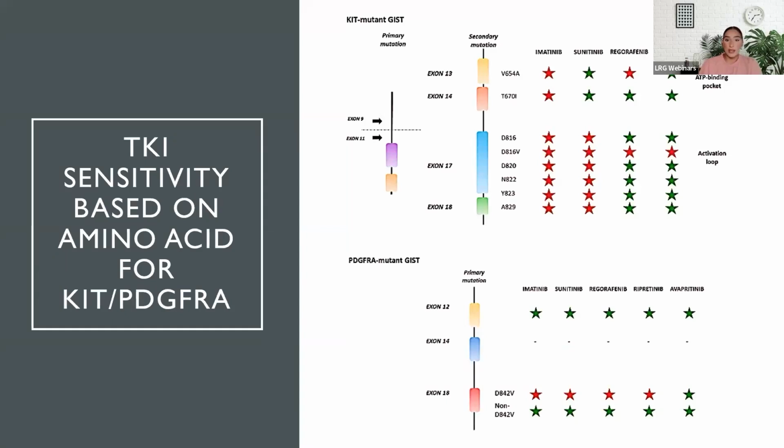Here is a great image that shows TKI sensitivity based on amino acid in both KIT and PDGFRA mutations. So here we can see those that are starred red show that they are not sensitive, so they're resistant, whereas the ones that are green show sensitivity.